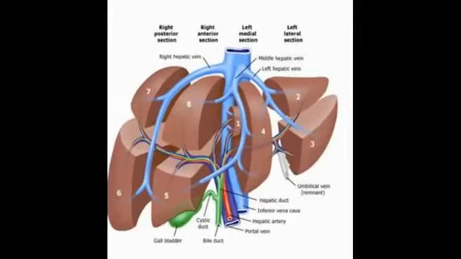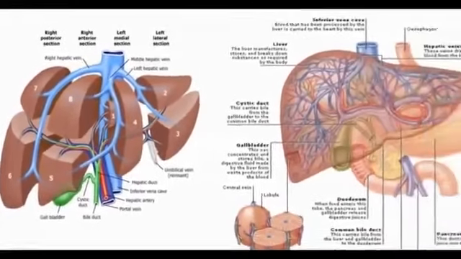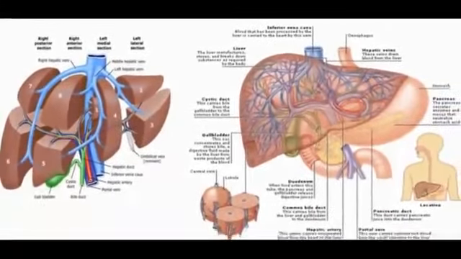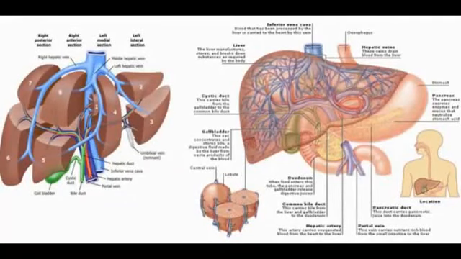The hepatic portal vein, the nerve branch, the bile ductus, and also the lymph vessel are inside. And because of that separation, the liver has eight main lobes. As you see, it is again a pyramidal structure of the organ.